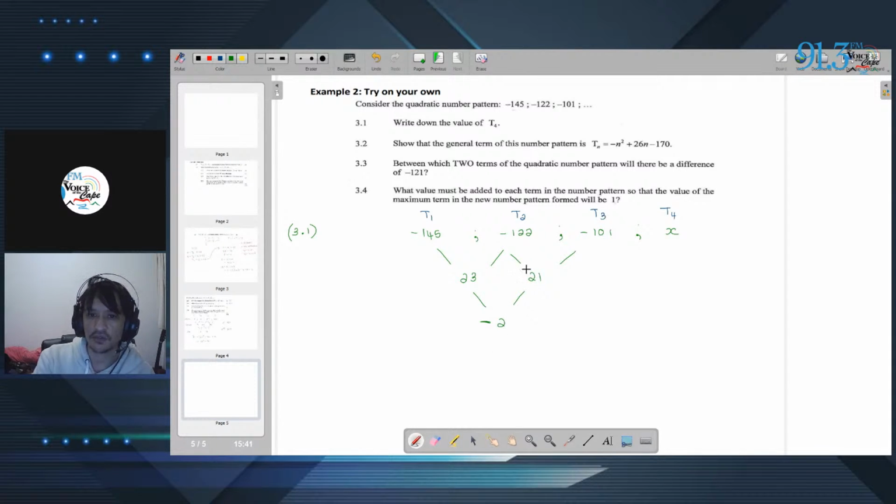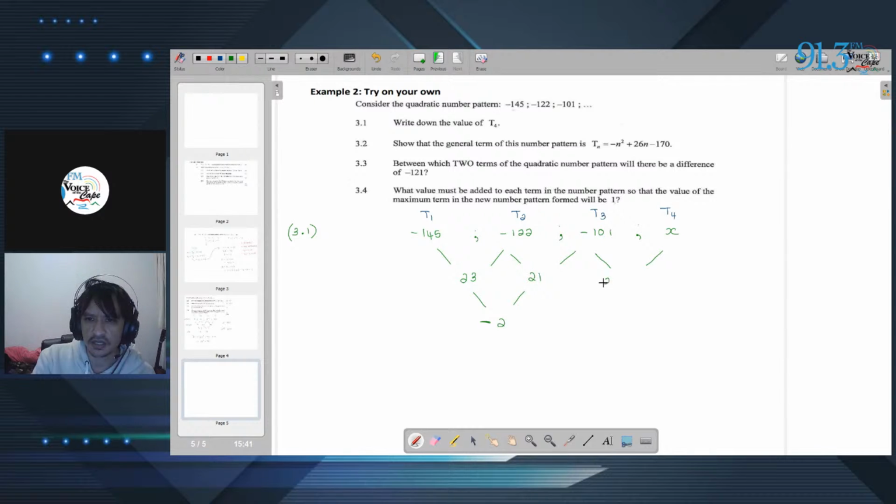Now we need to use this second difference to find the rest of the first differences. The next second difference is also negative 2.